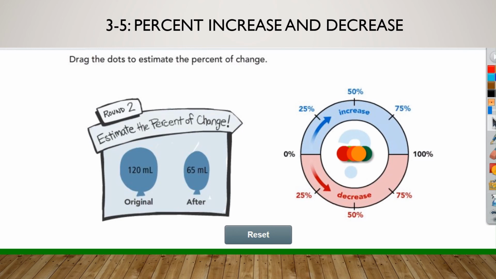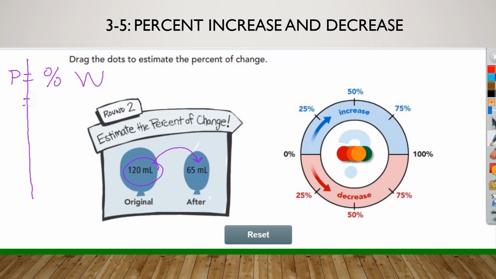All right, here is another problem just like it was before. But let's figure out if it's a percent increase or decrease. So the original is 120, and then it went to 65. And we know the number went down, so this is going to be considered a percent decrease. But we're going to use the exact same equation. Part equals percent times whole.